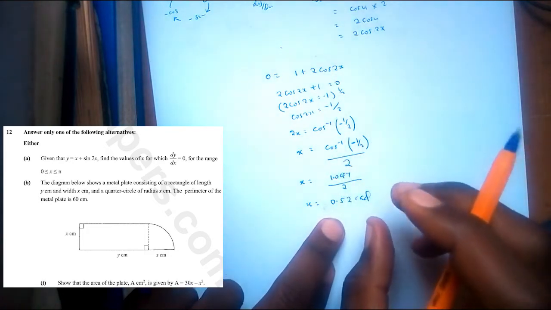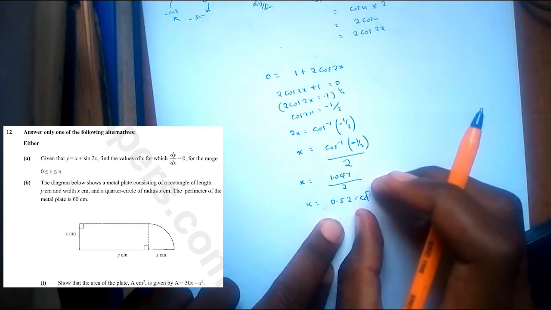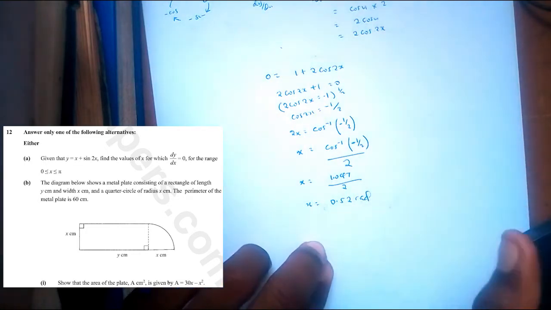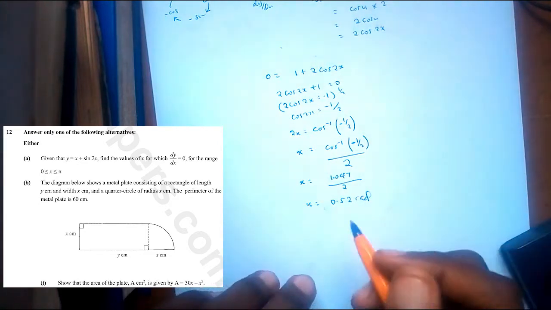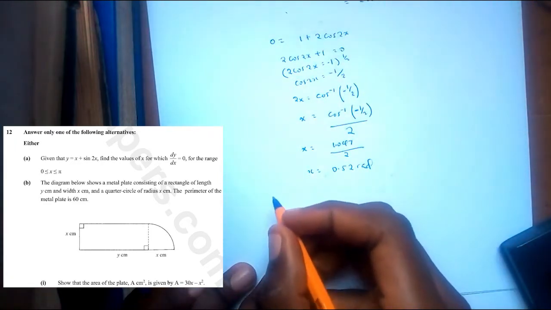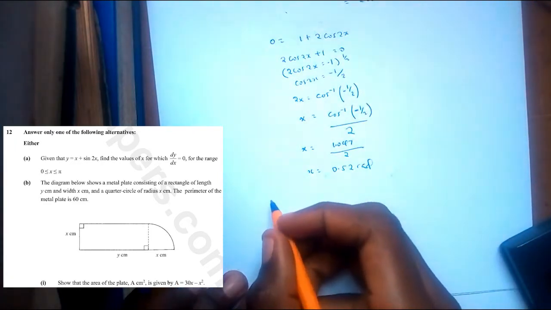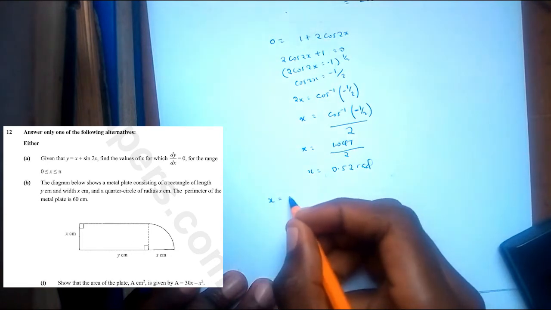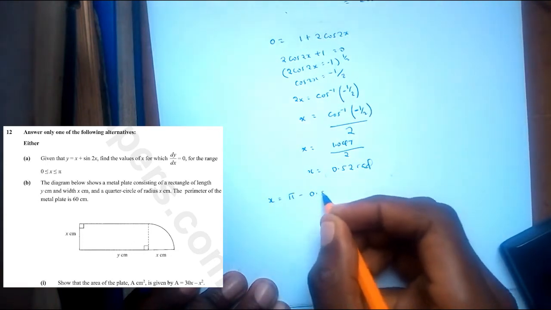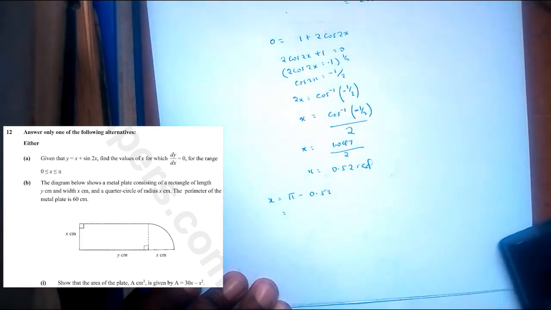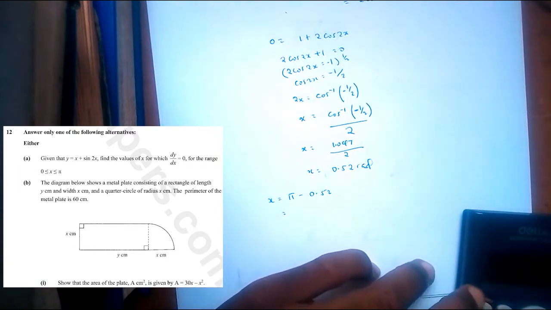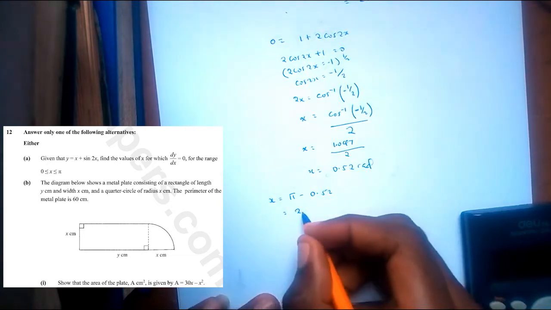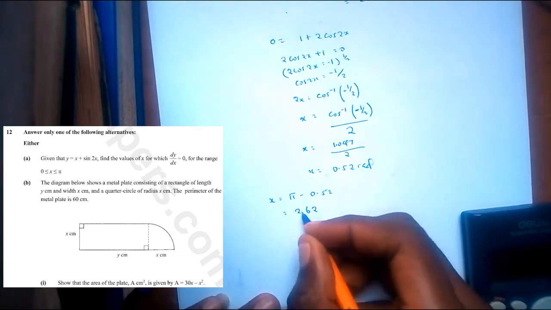Cos is negative in the second and third quadrants. So in the second quadrant, x will be equal to pi minus 0.52, which is 2.62.